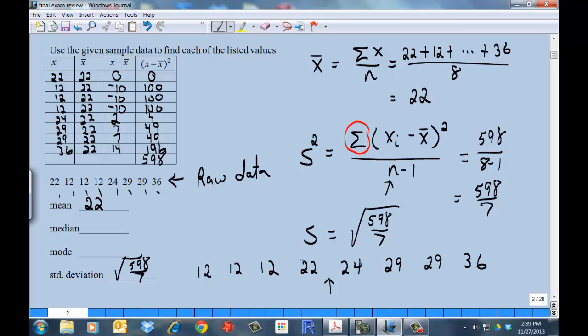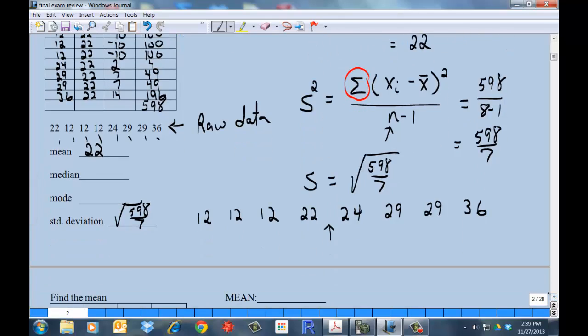So the median is going to be the average of 22 and 24, which is 23, which is right in the center of 22 and 24.